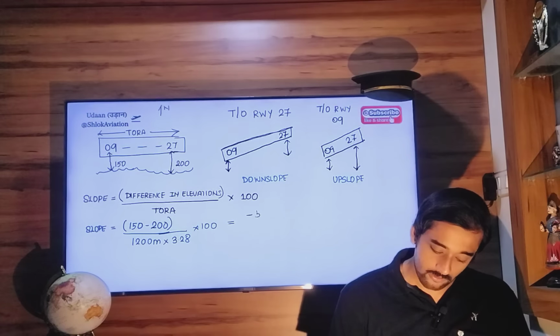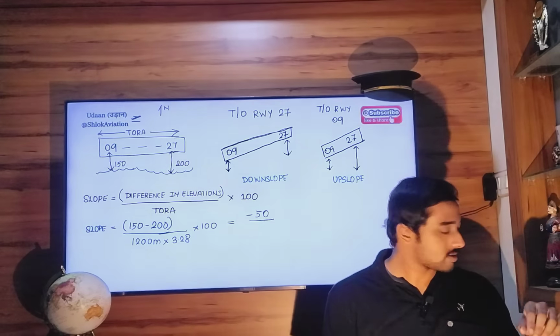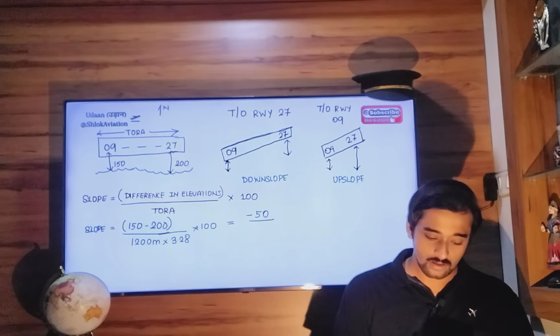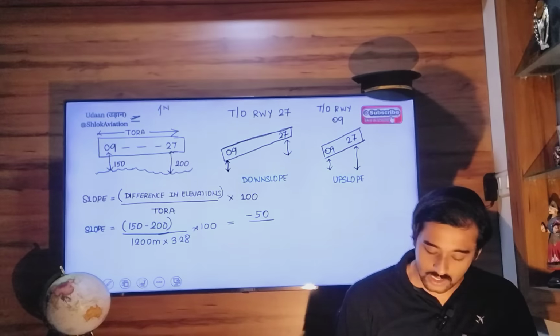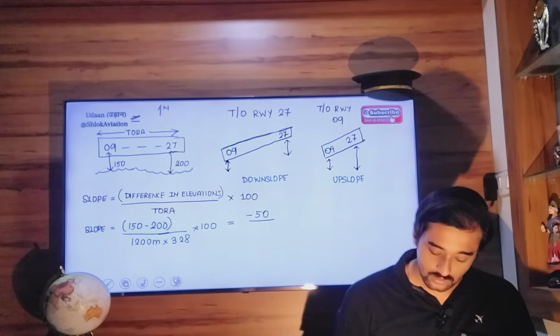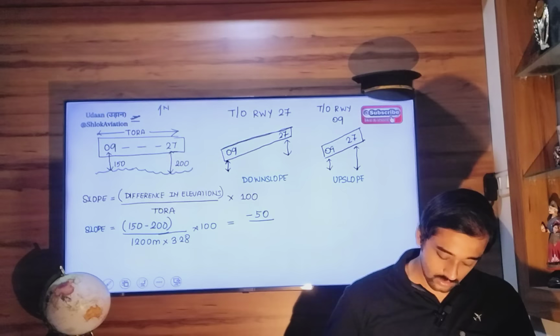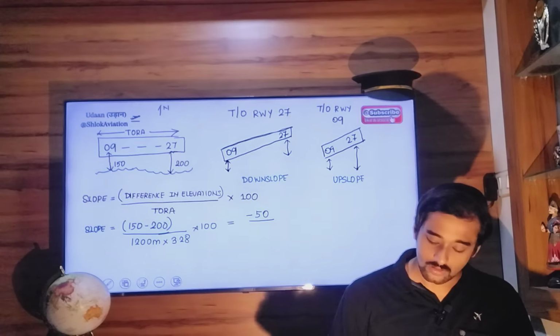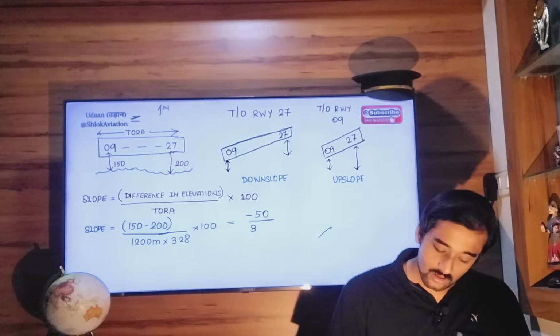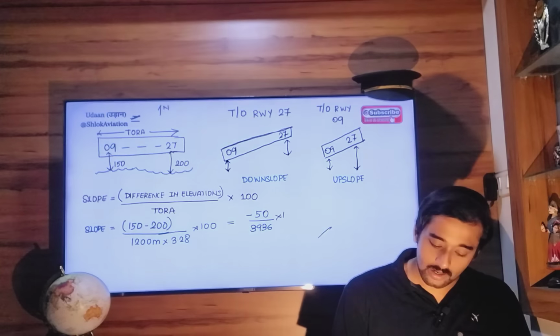So minus 50 into 100 over 1200 into 3.28. 3936 multiplied by 100.